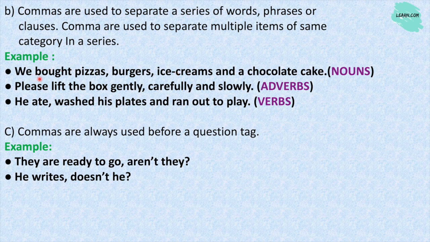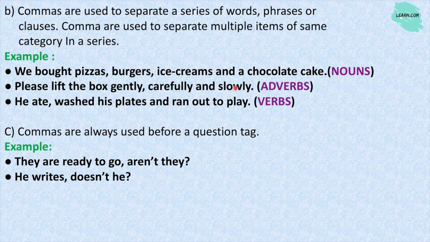Like here we bought pizzas, burgers, ice creams, and chocolate cakes. So here pizzas, burgers, ice creams, and chocolate cakes all are nouns, as all are names. So we are separating them with the help of comma. Similarly, in the second example, please lift the box gently, carefully, and slowly. Gently, carefully, and slowly, all the three words are adverbs.